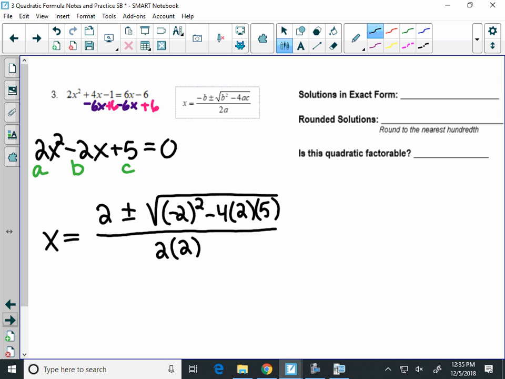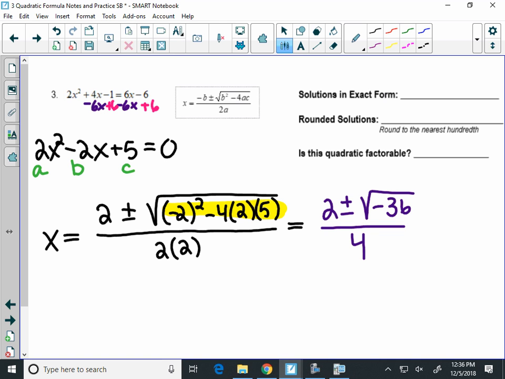So take a moment, once you write that down, and put the radicand into your calculator. So you can tell me what you get under the radical. Negative 36.